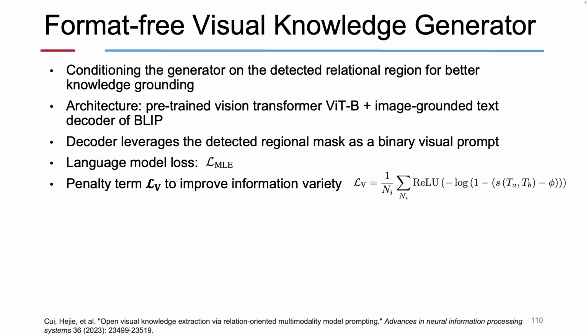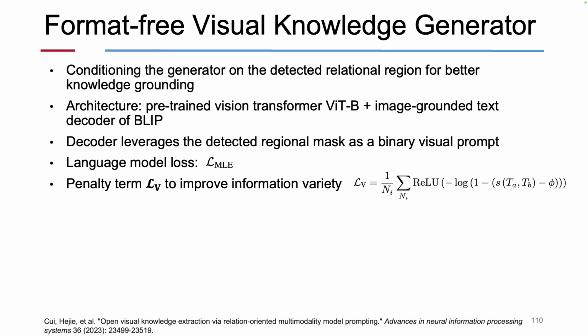The third thing is called a format-free visual knowledge generator. The idea is after we have the image, we use masks to highlight the relational region, and then we use a vision language model to generate a piece of text, and we use the image caption to supervise that text.